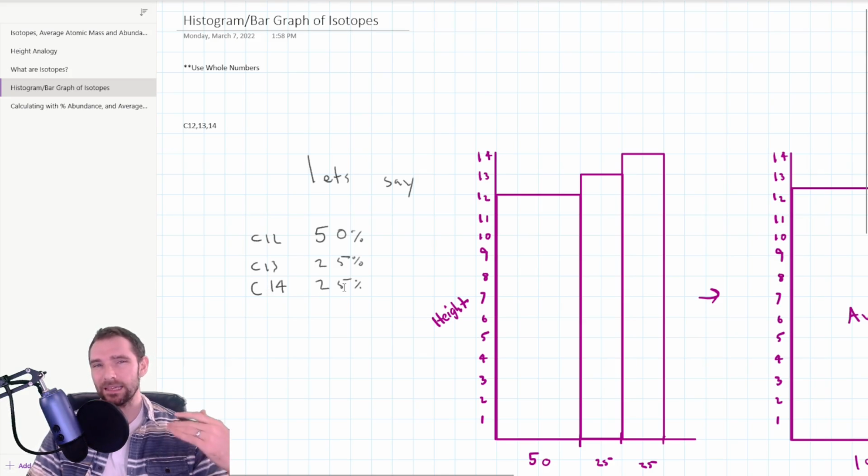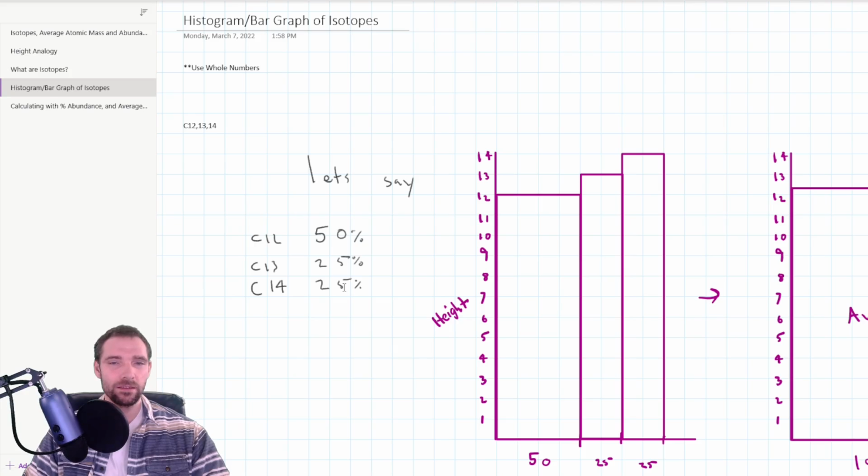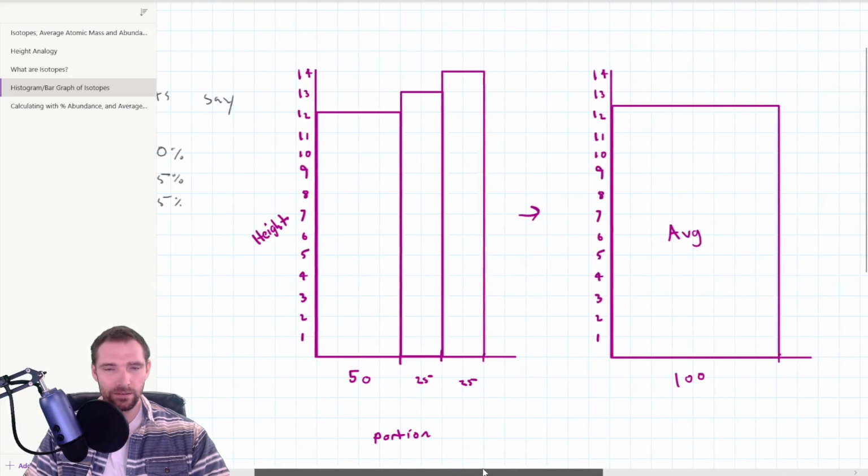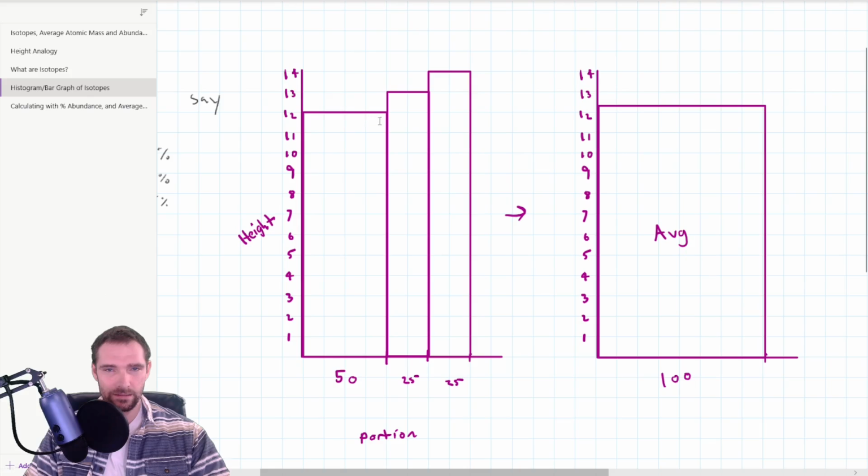Instead of thinking about that as heights of a plant, you can now think about that as the actual weight of these different isotopes. You can think of this as a histogram where you've got all these different heights, like the 12 and the 13 and the 14. And then you can make this as wide as the portion of the whole sample that we have.